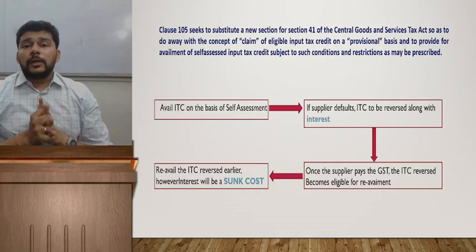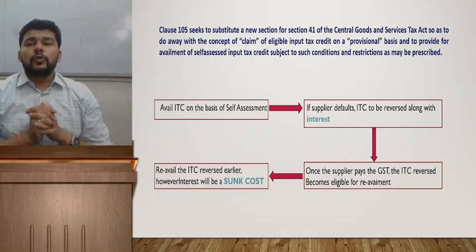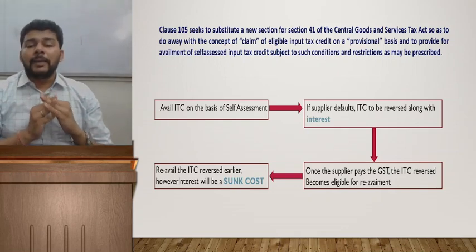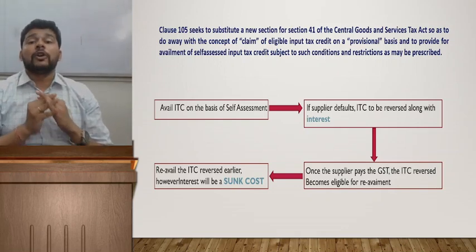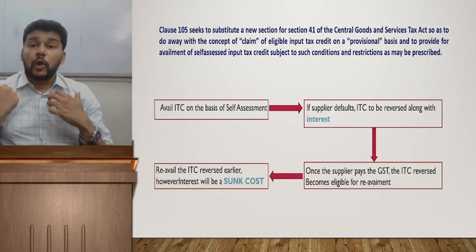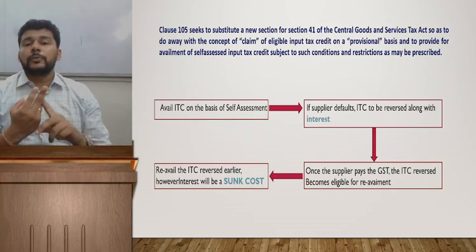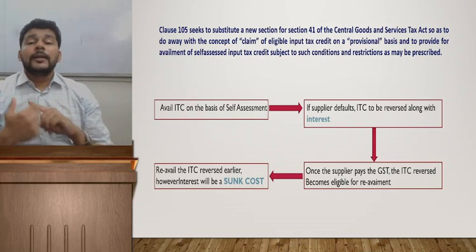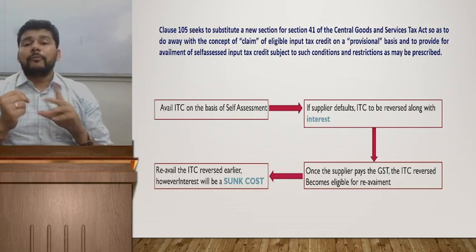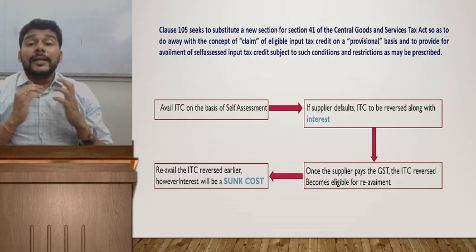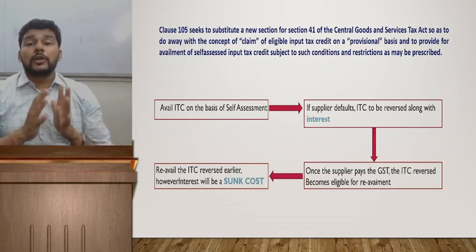So as a taxpayer, it is now really relevant for us to have these things envisaged in our purchase orders. If there is a default on behalf of the supplier in compliance on tax payments, which leads to reversal of input tax credit along with interest, then there are two exposures. One is, till the time he does not pay the tax, I cannot re-avail the credit. Second is, even if I get to re-avail the credit once he makes the payment of tax, the interest which I have paid has become a sunk cost for my business.